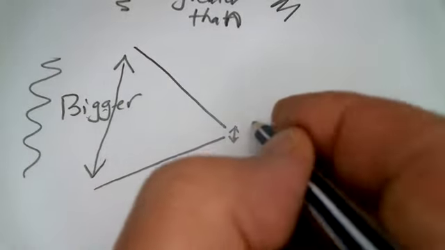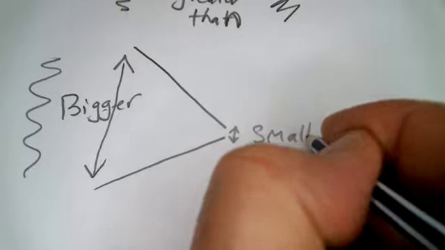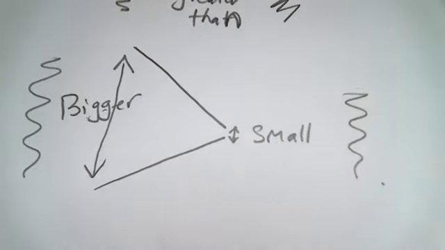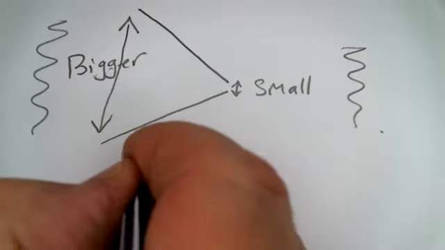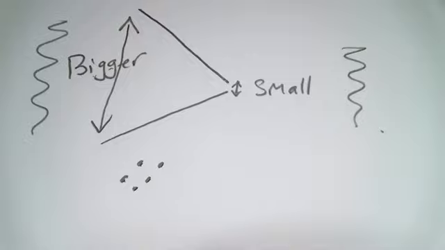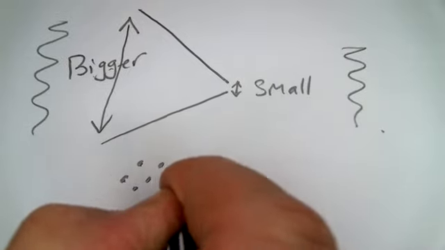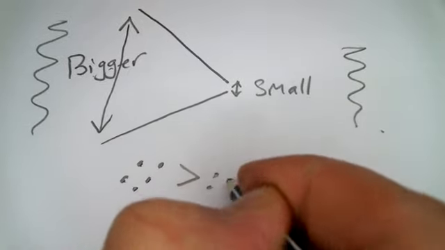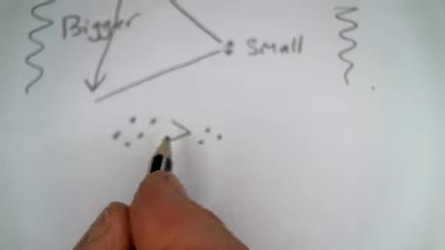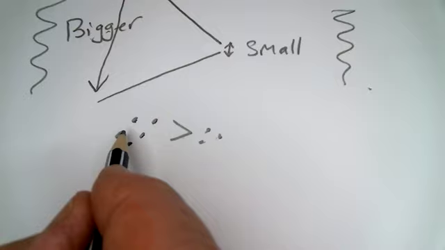The smaller bit, or less than, or lesser, lies on this side here. So if I've got, for example, 5, we could say 5 is greater than 3. We could also say that 3 is less than 5.